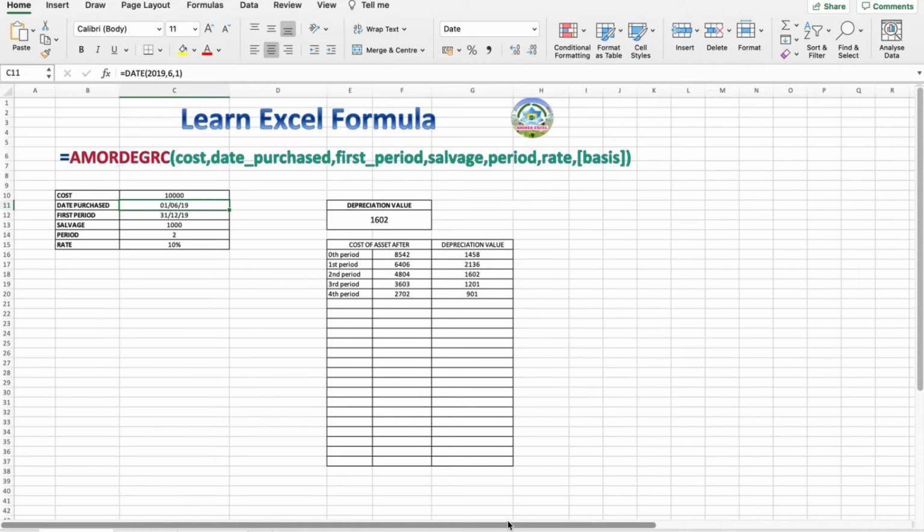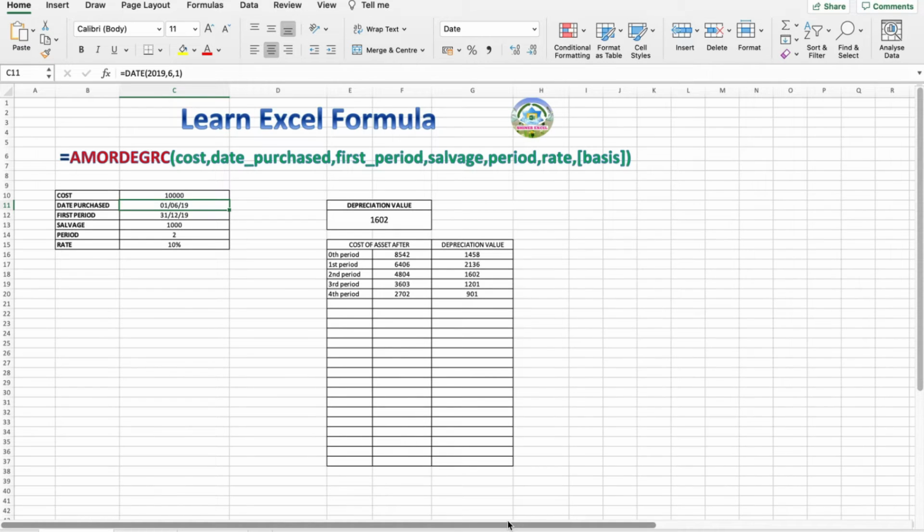And next is the first period. This period can be 3 months or 6 months or 1 year, but not more than 1 year. The period means the point at which its depreciation is calculated. Maybe you can calculate it after a month, or after 2 months or after 3 months.